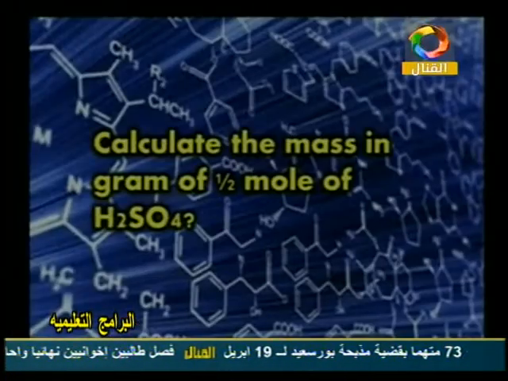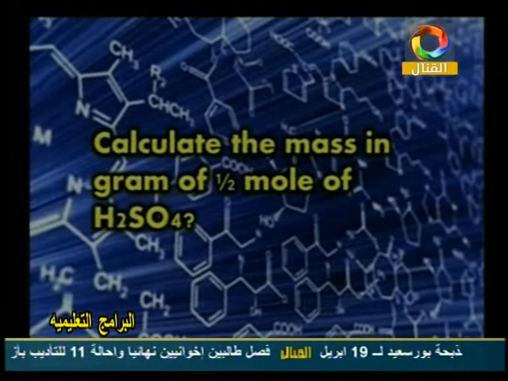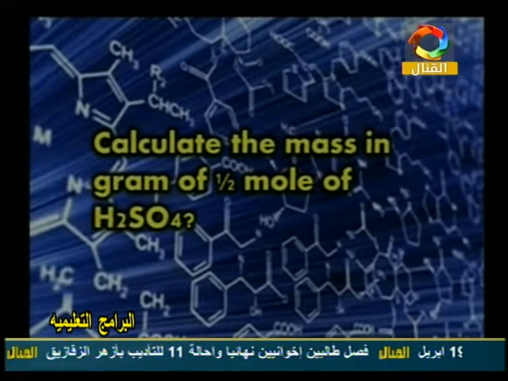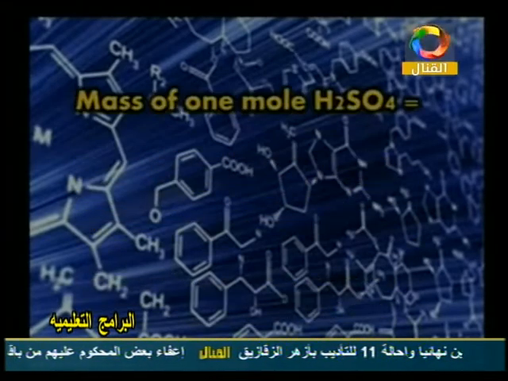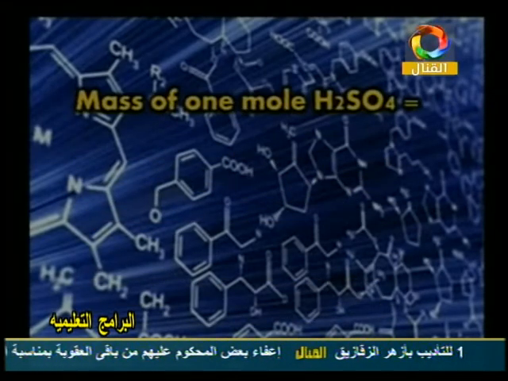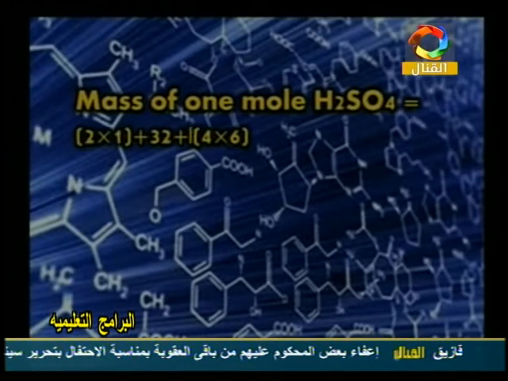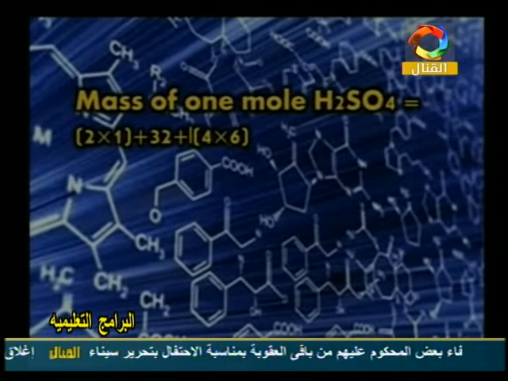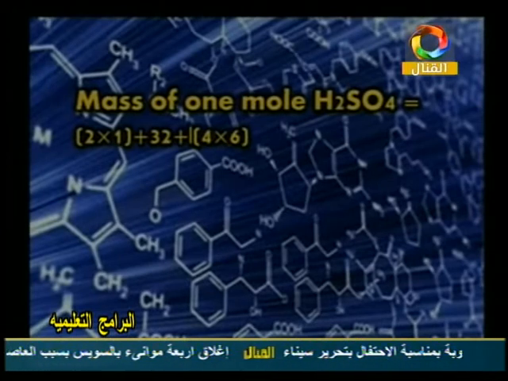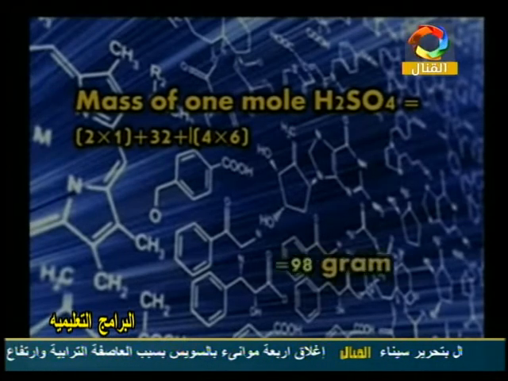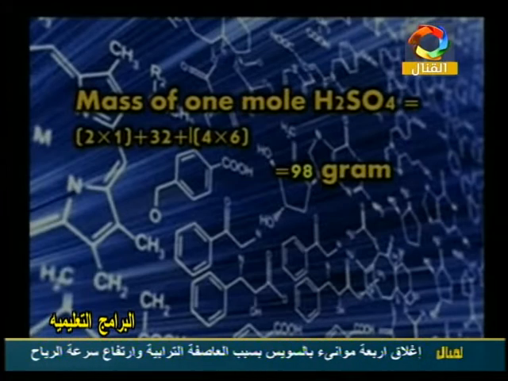Fly to this. Calculate the mass in grams of half a mole of sulfuric acid H2SO4. Mass of 1 mole of sulfuric acid equals 2 by 1 plus 32 plus 16 by 4, which equals 98 grams.